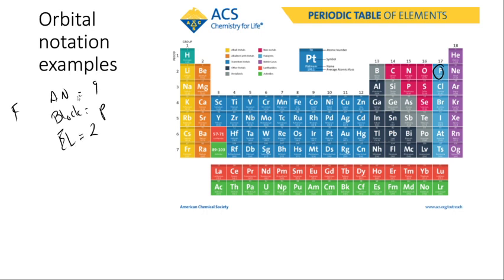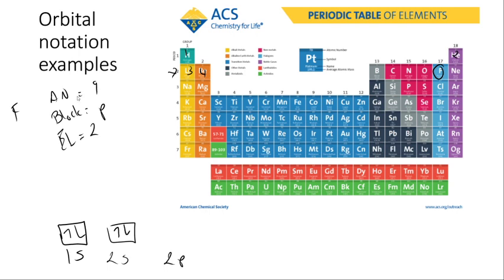Okay, so again, every single time we start out with 1s, and we know that we have 1s full, right? We've got our first 2 electrons there. We come down to 2s. S has 1 orbital. We know we've got our next 2 electrons there.